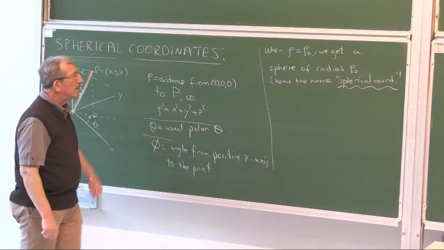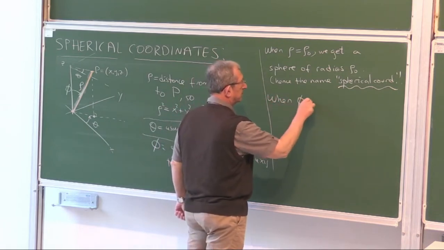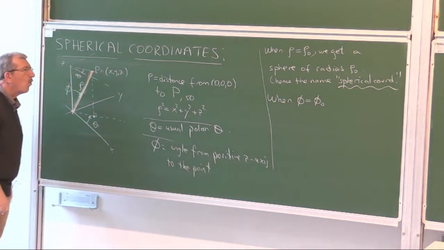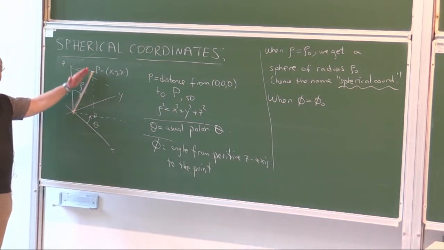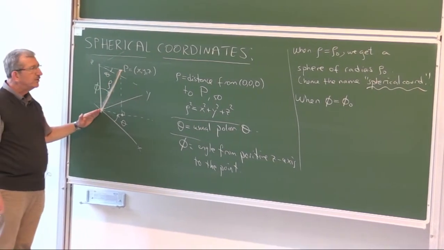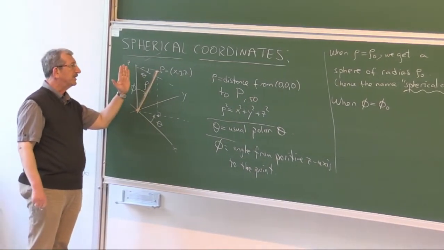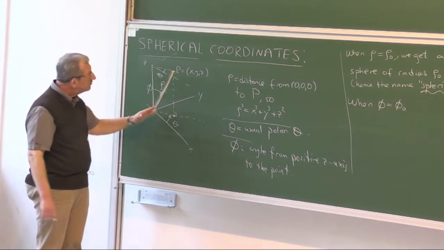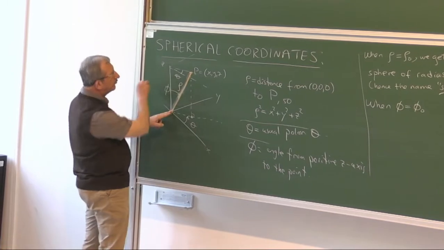Now, if phi is constant, what do we get? Well, if you consider all points so that when you connect them to the origin, the angle from the positive z-axis to this line segment is constant, it means that you take this line segment and you rotate that.